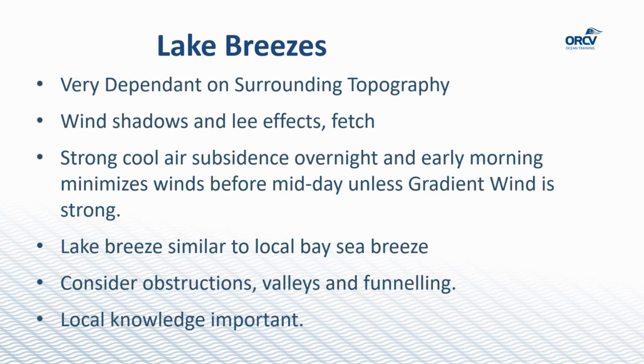Now, in lakes, it's a very similar effect, but very often a lake is surrounded by mountains, and the mountains cast shadows in the early morning and the late day, and that affects the location of where the sea breeze is. Imagine a lake that's longish and not so wide.